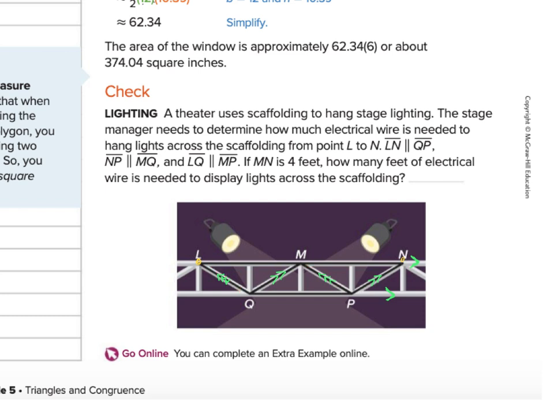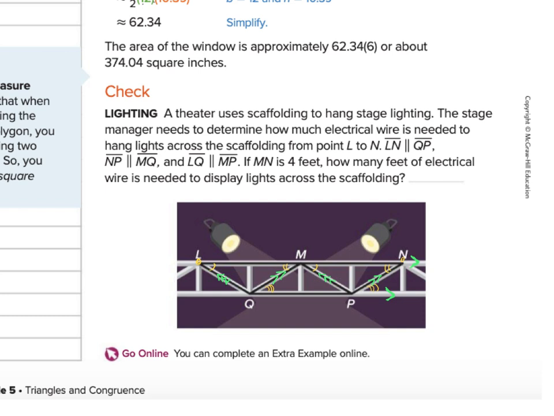So then therefore, this angle is congruent to this angle. We know that this angle is congruent to this angle. I know that this angle is congruent to this angle. And then we start looking at all of the different information that we have.